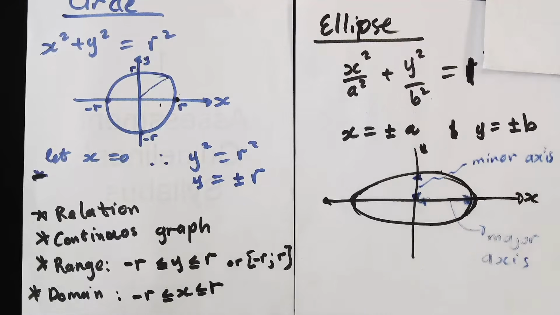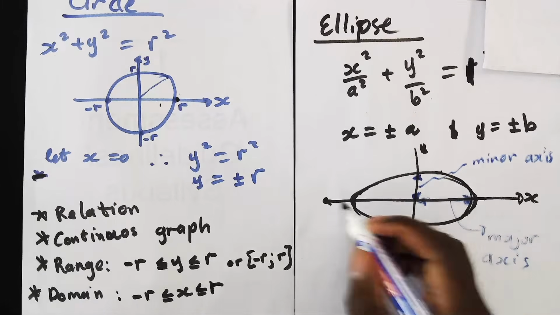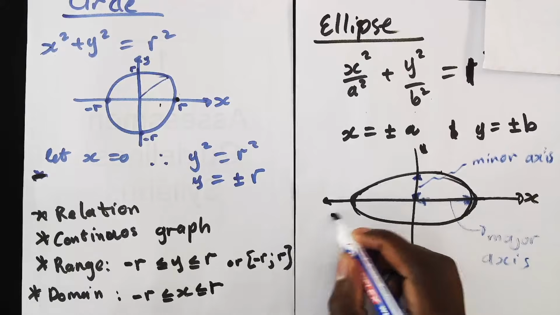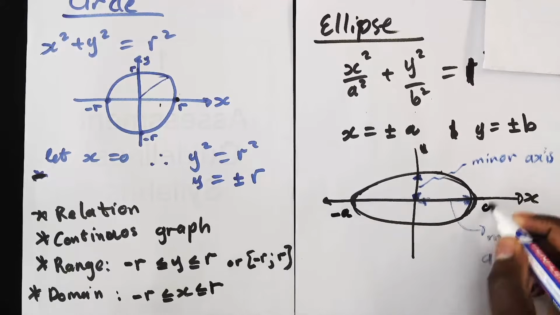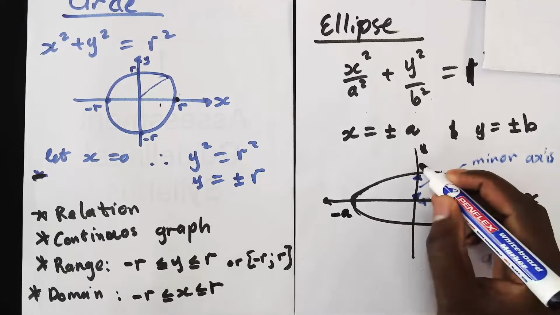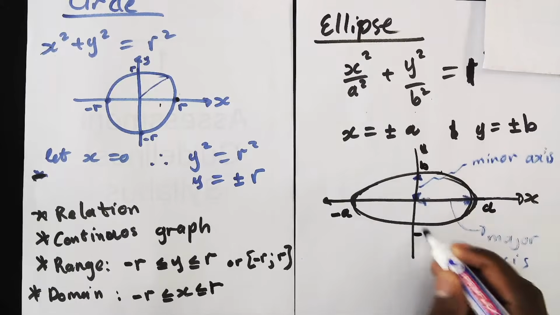Same thing when plotting, let's say for x here we'll have negative a, here positive a, here positive b, and therefore minus b.